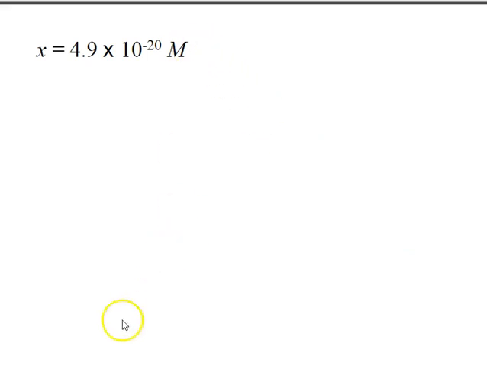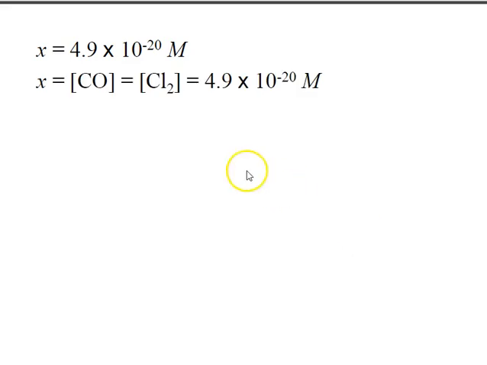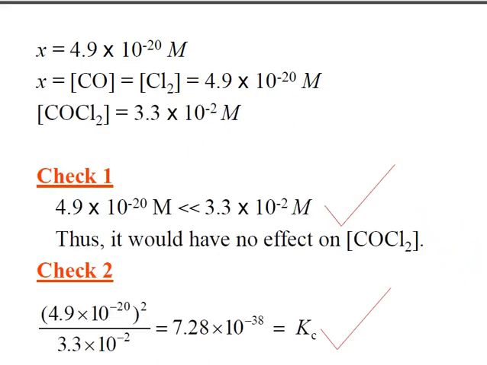Notice the unit here. I was dealing with Kc, which is concentration, so my unit is molarity, capital M. That x represents the concentration of both my products, so the concentration of CO and Cl2, and for my reactant, it would be 3.32 times 10 to the negative 2 minus that.